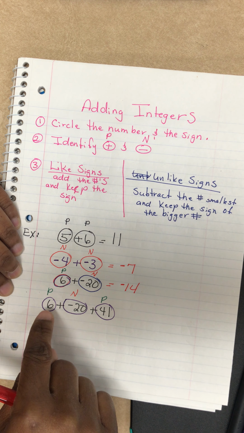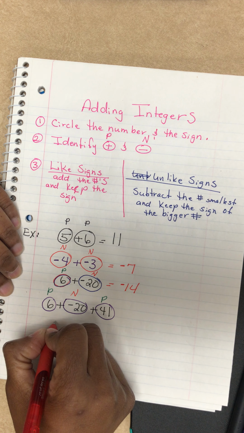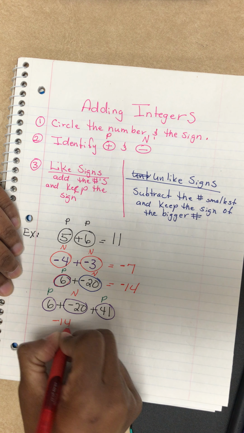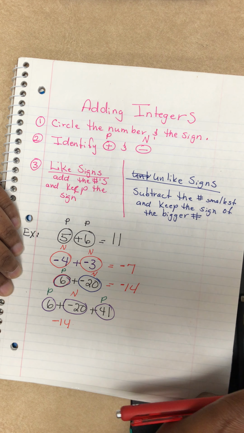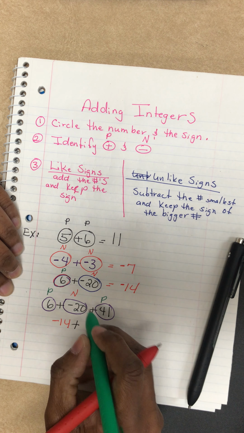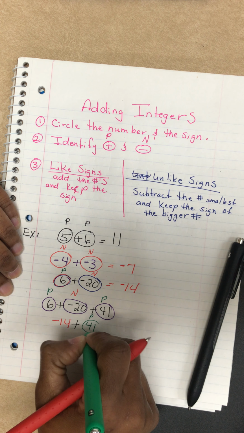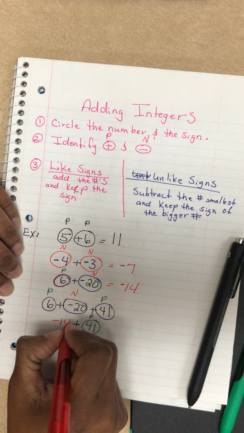So it's going to be 6 from 20, which gives us negative 14, plus 41.